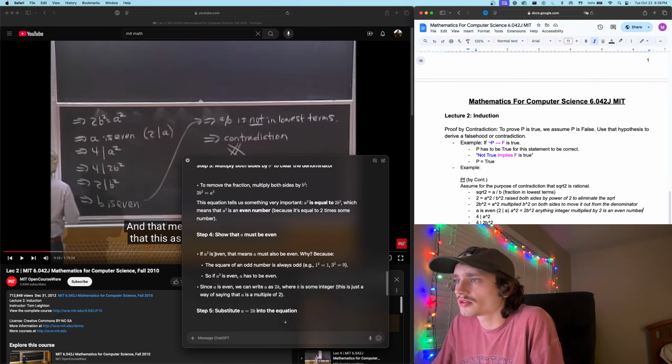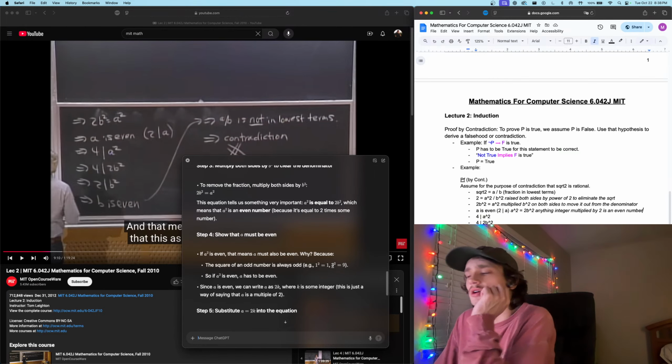If a squared is even, that must mean a is even. Why? Because the square of an odd number is always odd. Oh, sorry, yeah, always odd, I meant that.